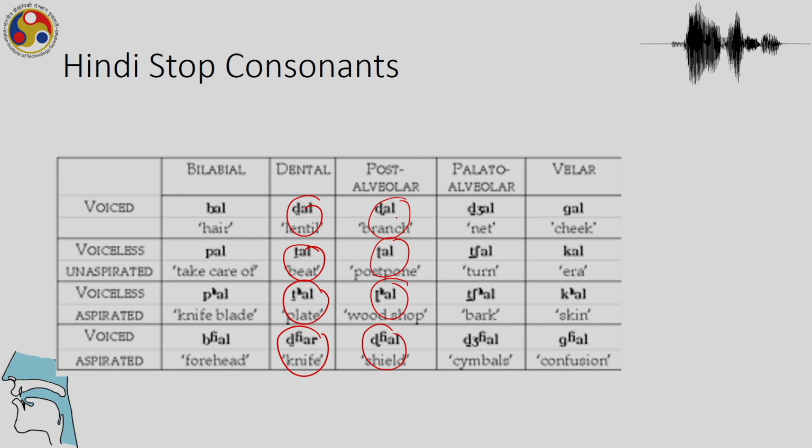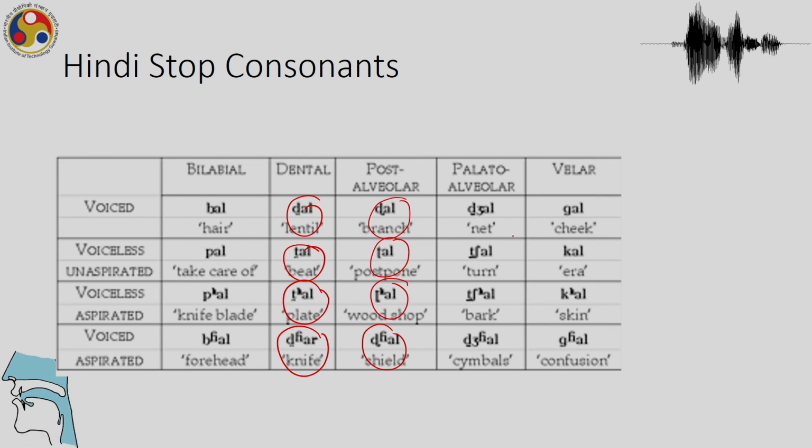Similarly, in the post-alveolar series also, you will find that we have the voiced, the corresponding voiceless, voiceless aspirate and the voiced aspirate or breathy, and the distinction is not just with regard to post-alveolar, they are also retroflex. Whereas these are dental, these are post-alveolar as well as retroflex. And then it's also possible in Hindi to have these affricates.